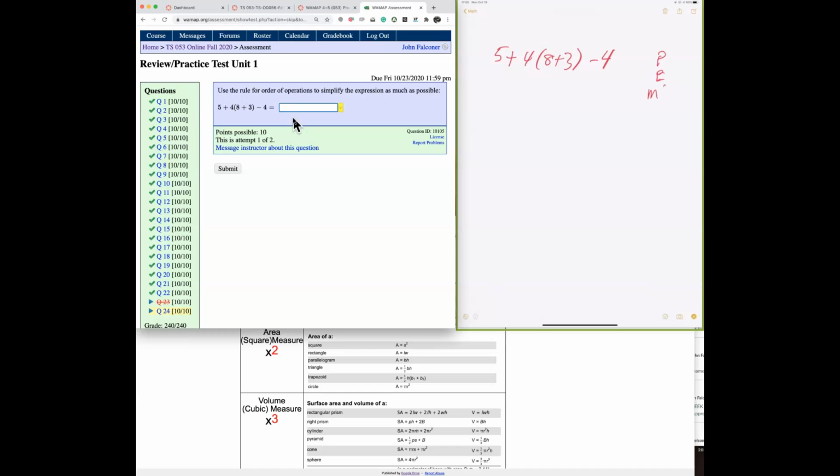Exponents, multiplication or division, addition or subtraction. So we have parentheses with an operation. So exciting. So we've got addition, we have unwritten multiplication, we have addition, and we have subtraction. So we have to go in the parentheses first. So 8 plus 3, we're going to evaluate that first. That's 11. And then just bring everything else. I'm going to leave 11 in parentheses.